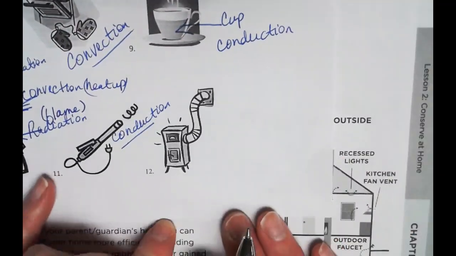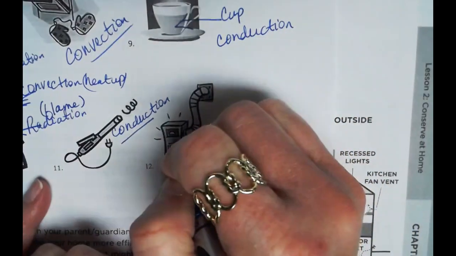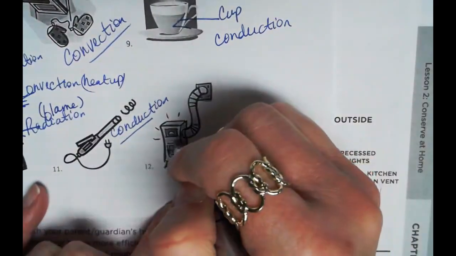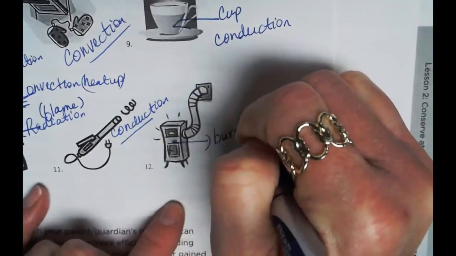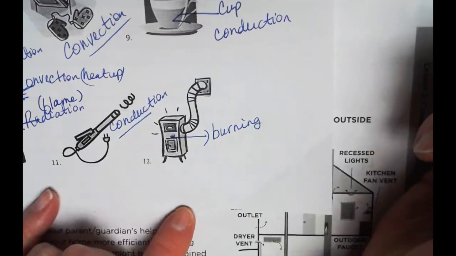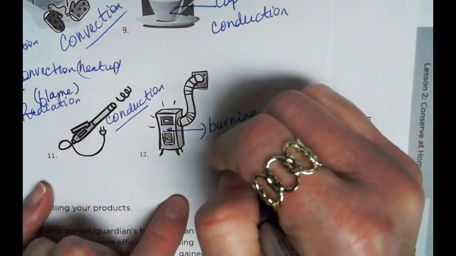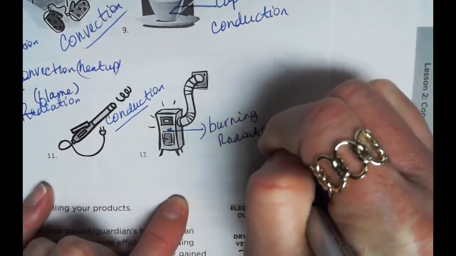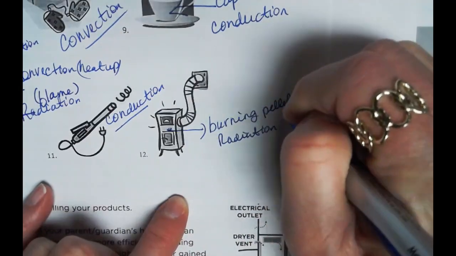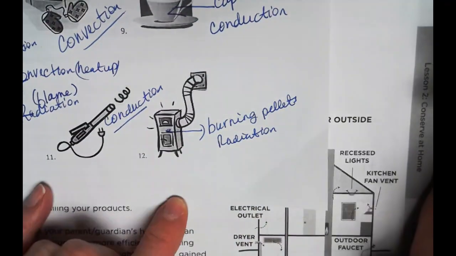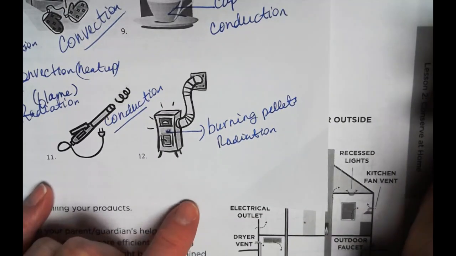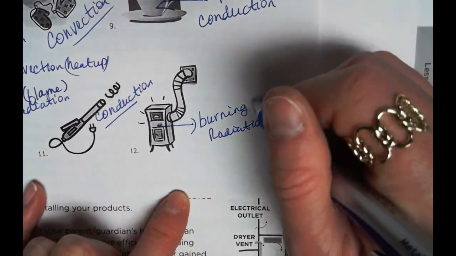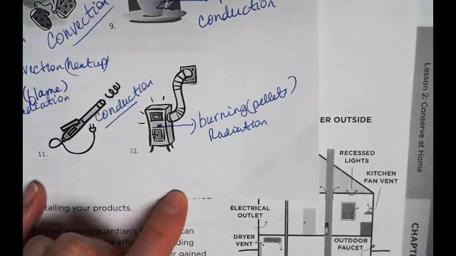What do you think? Radiation. Like a charcoal, if it's burning, radiation. Okay, so if you're burning pellets, that's radiation, right? If you have a wood stove or a pellet stove, my neighbors across the street have wood, and my brother-in-law and sister-in-law burn little pellets.